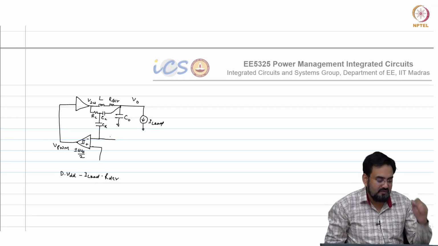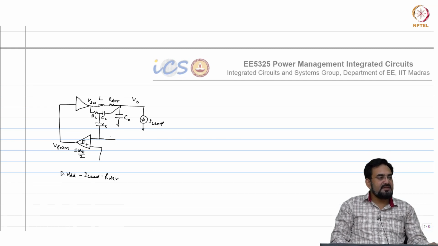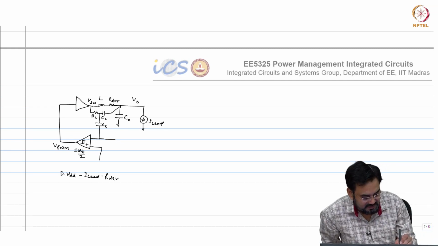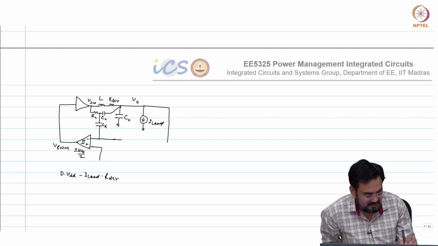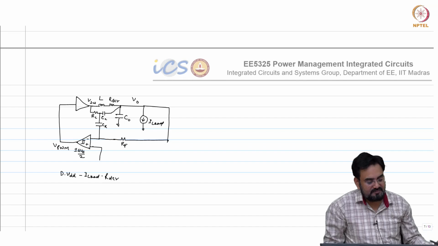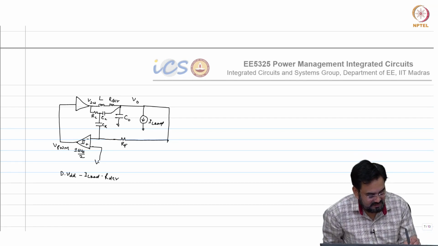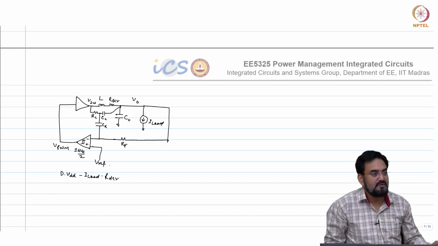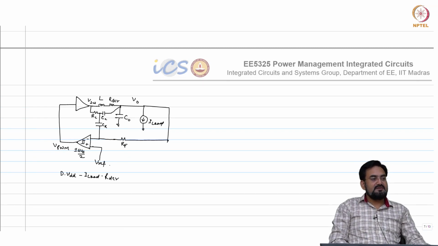And where do I want the DC of this feedback? V out. Take this, add a resistor. Let us call it RF. Now this will go back to Vref.